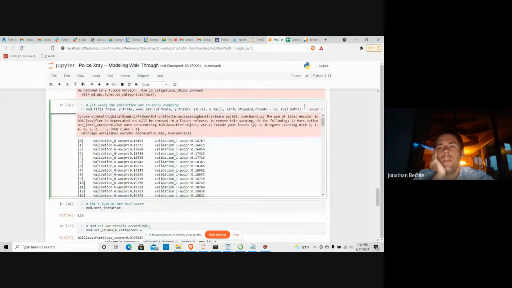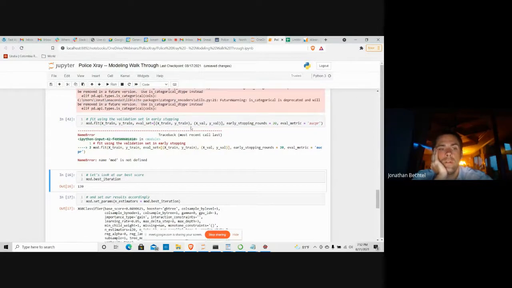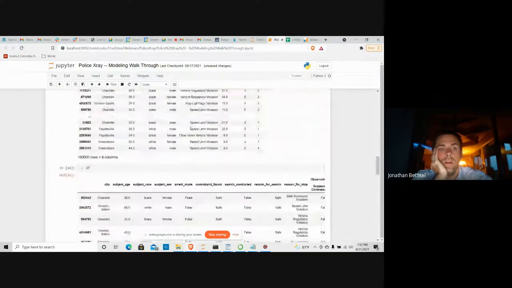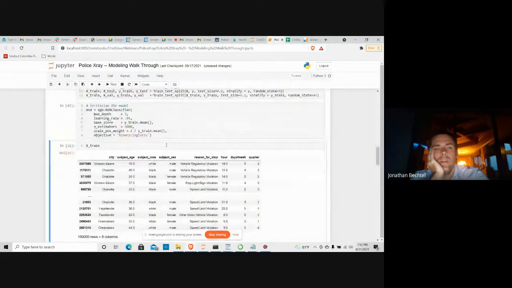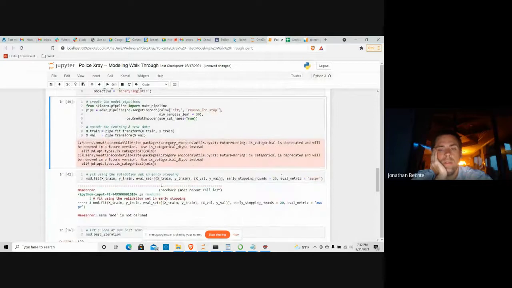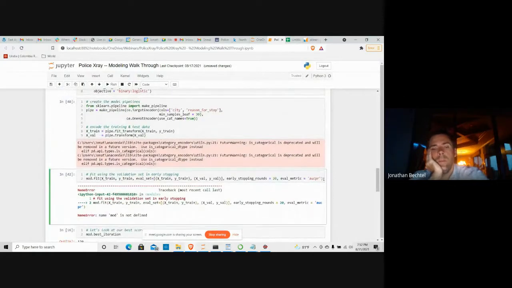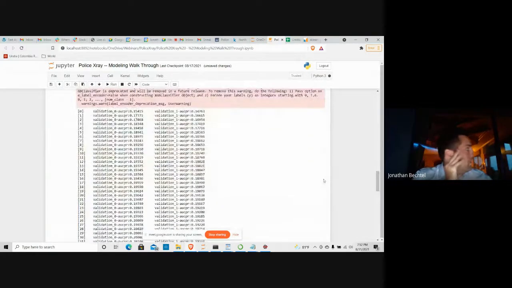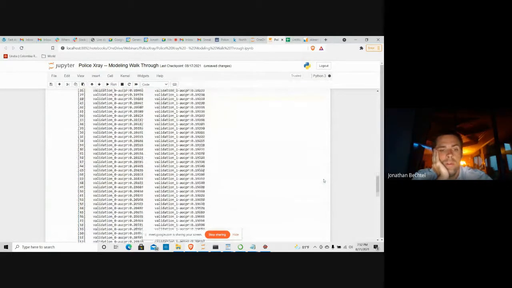All right, so in any event, this is the metric that we're using, which is a slightly more holistic way to look at the trade-off between precision and recall. We run this, and we get the output every subsequent round.